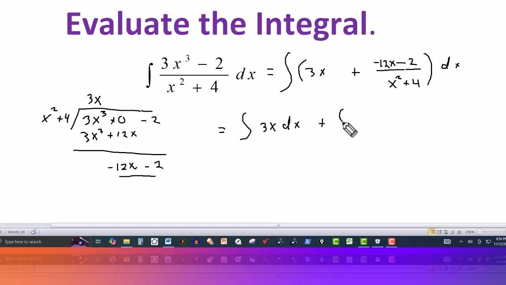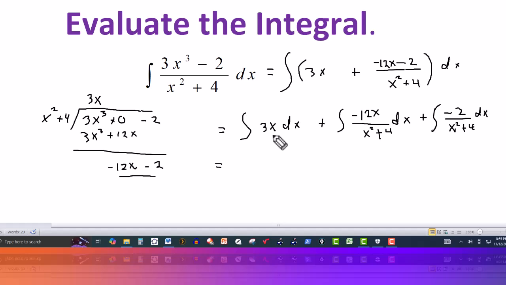So this integral here, I have minus 12x over x squared plus 4. And then again I'll have a plus here. And this will be the integral of minus 2 over x squared plus 4. So now I have 3 integrals here.